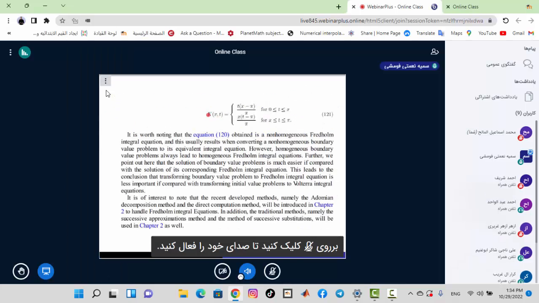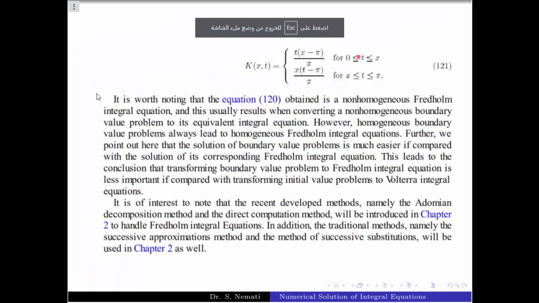Actually, the function k, or kernel, is a piecewise function which is defined for the value of t from 0 to x, as we see here, and for the values of t between x and pi, as we see here.